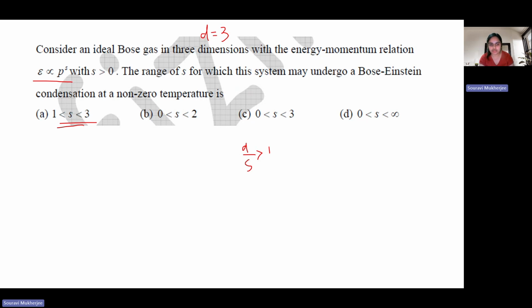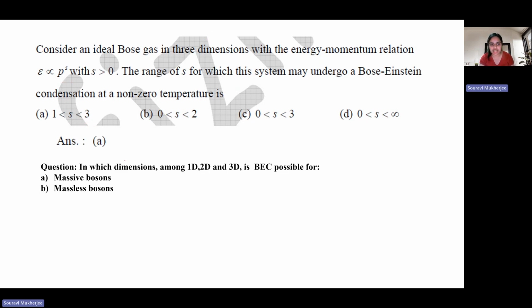You can also use this relation to correlate with what we have already known. Suppose it is asked in which dimensions BEC is possible for a massive boson and then for a massless boson. How will you answer that?